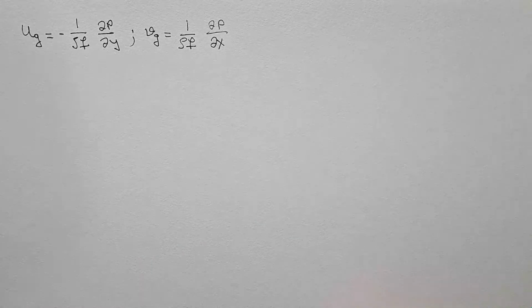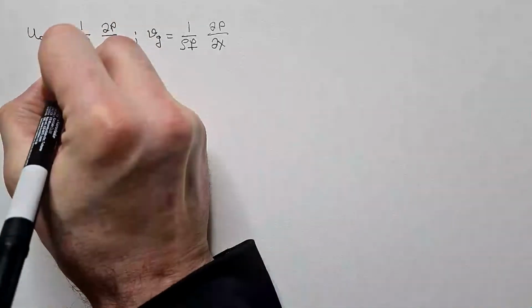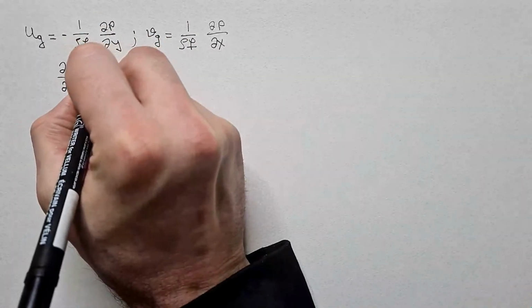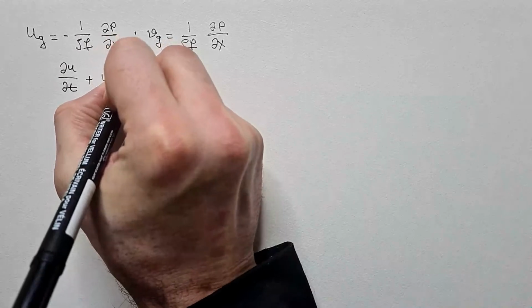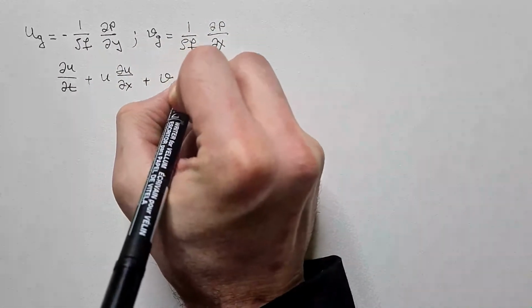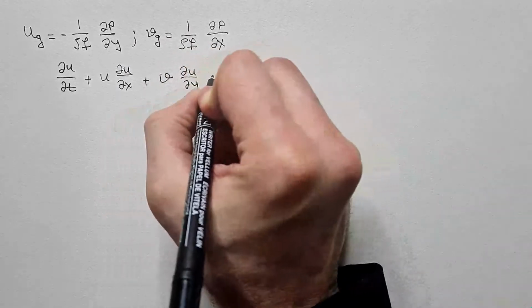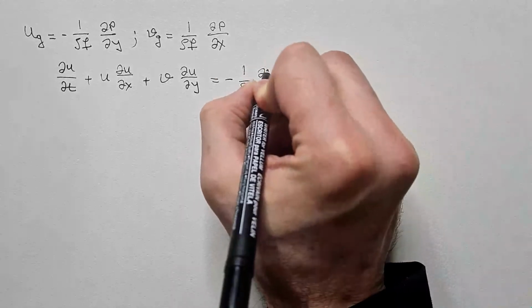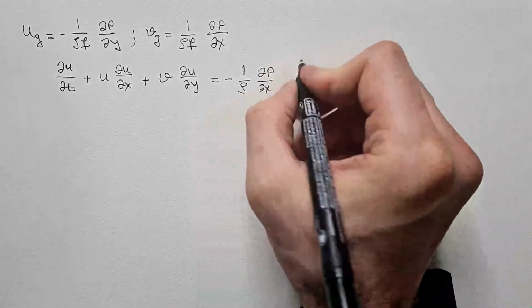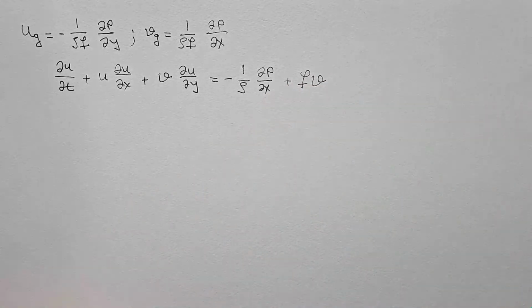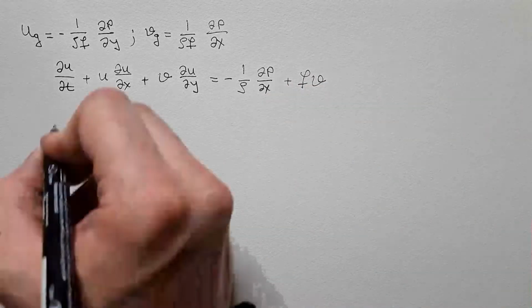So the inclusion of these terms will give us ∂u/∂t plus horizontal advection u ∂u/∂x plus v ∂u/∂y equals pressure gradient force and Coriolis force. And the same is for the y direction.